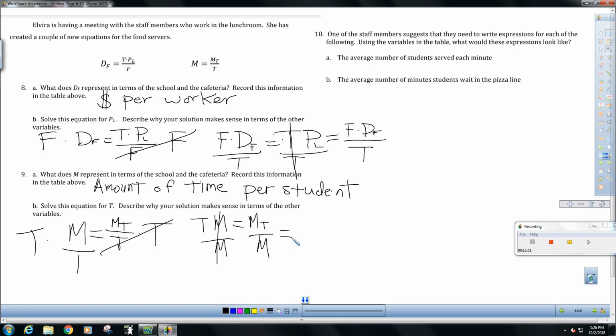All right, so that's it for that one. One of the staff members suggests that they need to write expressions for each of the following. Using the variables, what would they look like? The average number of students served each minute. I think that might be what we just figured out.